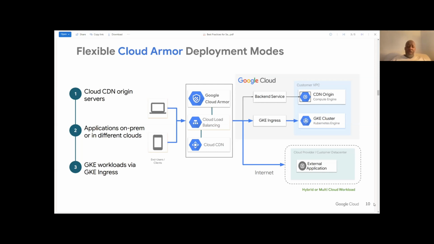Products like reCAPTCHA. There's another capability that Google has called Web Risk, which is a capability where when you receive traffic from certain locations, it'll identify that as a possible threat vector based on the historical data captured by Google Search and other Google capabilities. Essentially it's using an AI-driven approach to say, we received 5,000 different threats from this URL, and we now deem this as a high likelihood of a malicious actor.